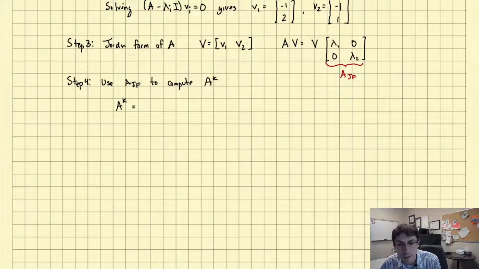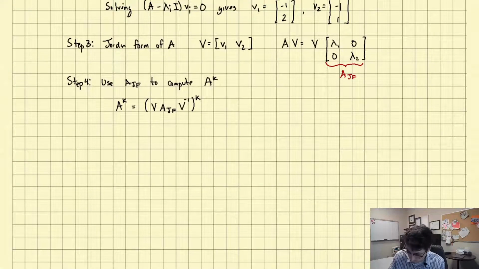We have that AV equals V times the Jordan form of A. I multiply on both sides by the inverse of V. I can say that this is equivalent to V, A Jordan form, V inverse, to the power of K. So I'm using this equation, right? Just rearrange it, isolate for A. V is invertible as long as those eigenvectors are linearly independent, and they are in this case.